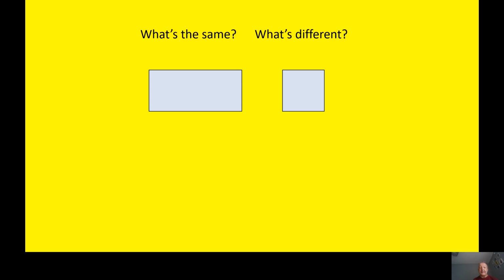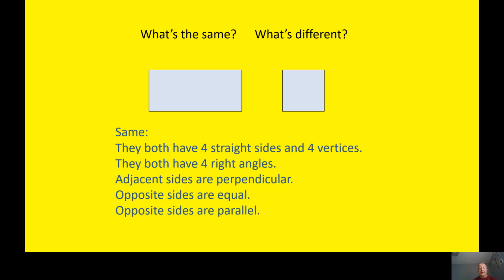Okay, so let's have a look. What's the same? Well, actually, there's quite a lot that's the same. They both have 4 straight sides and 4 vertices. So that's where the two lines meet. They have 4 right angles.